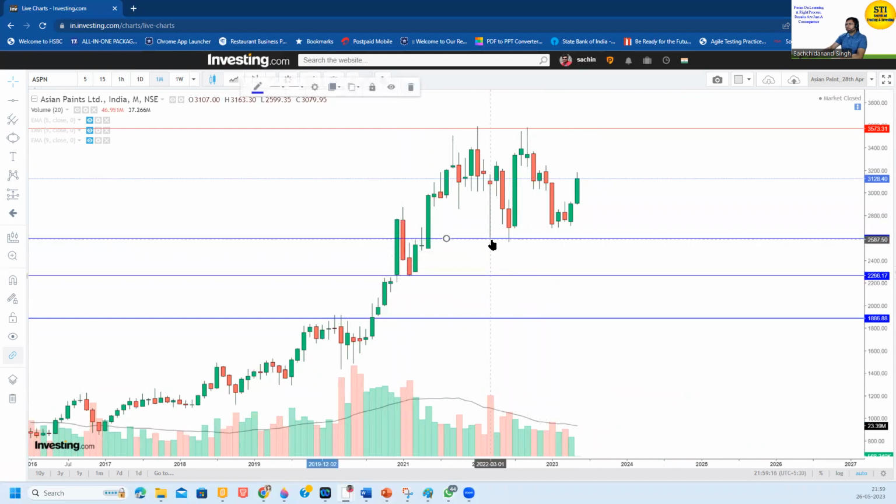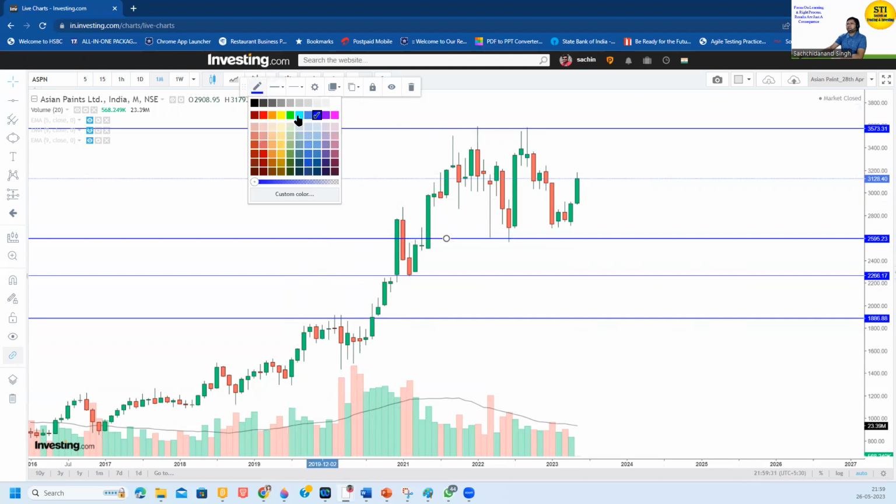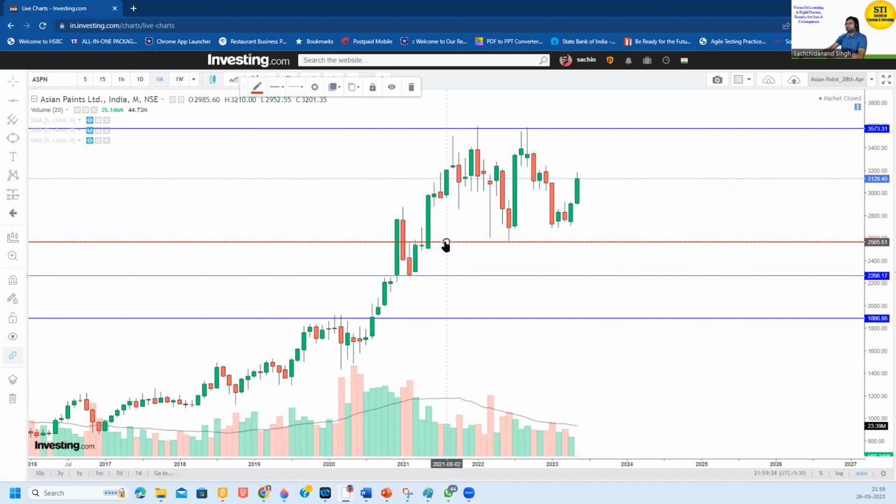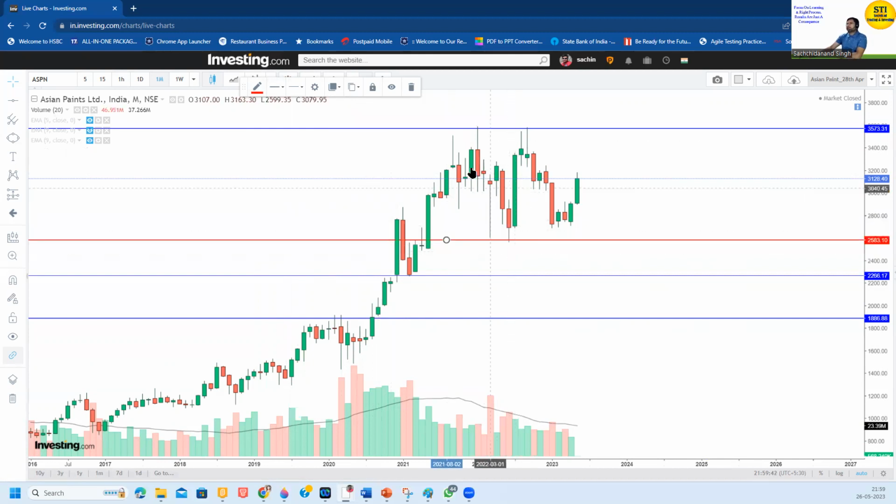Suppose this is the long-term resistance line, the blue one, because the sky is blue, so the upside is blue, and the below I can choose as red. You can choose whatever color, maybe green, it is your choice. As of now, it is moving between 3,500 and 2,500.